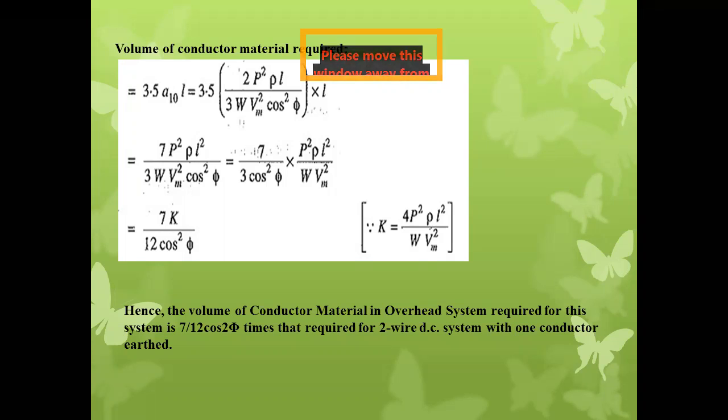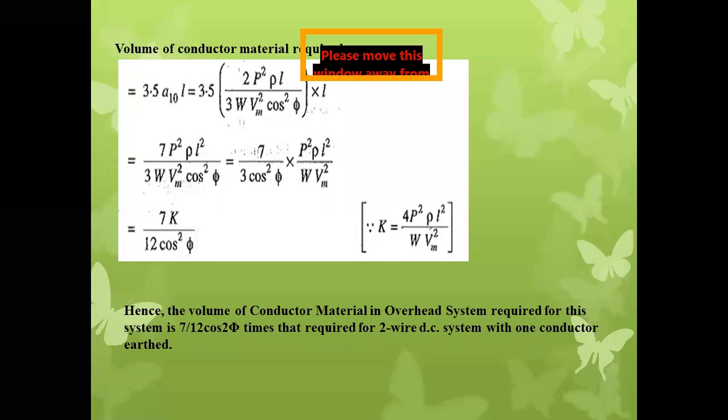Just multiply and divide with 4, and we can convert it into terms of k. If we multiply the numerator with 4, 7 into 4 into p square L square divided by w into v square, and 3 into 4 means 12.